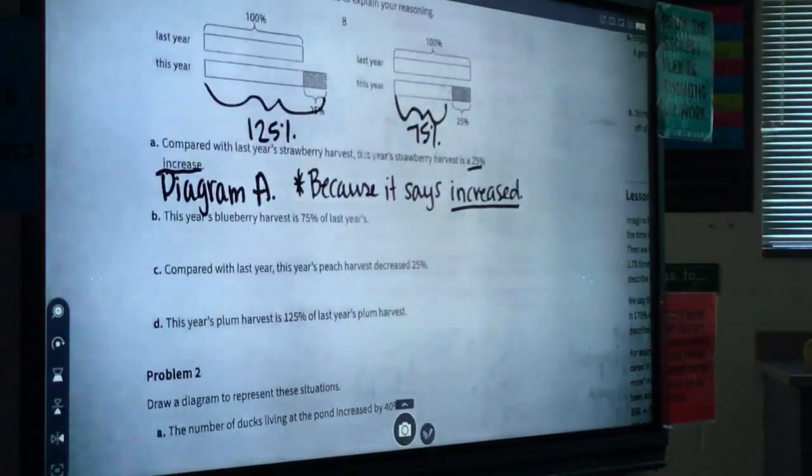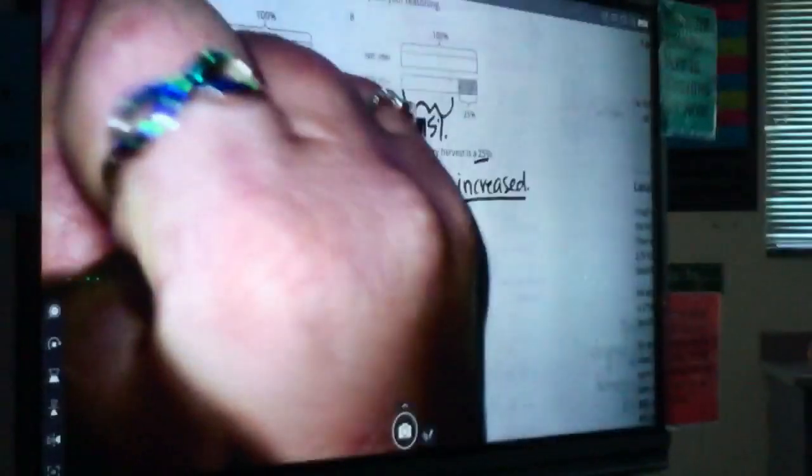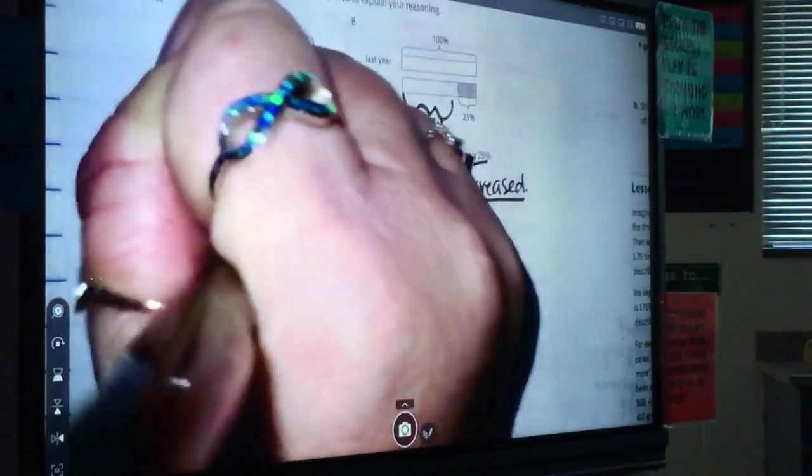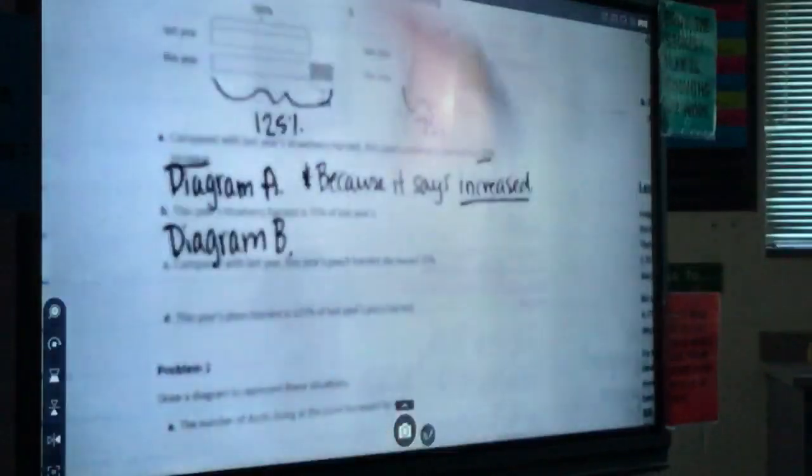So for B, it says this year's blueberry harvest is 75% of last year's. So stand up if you pick diagram A. Okay, stand up if you pick diagram B. All right, why? Why does diagram B go with this one?